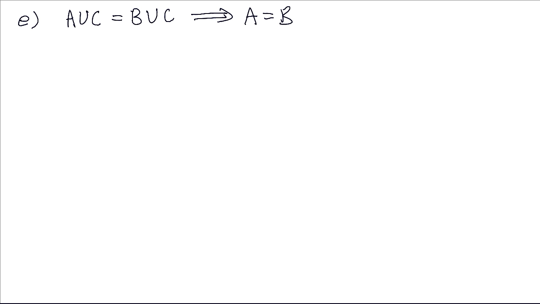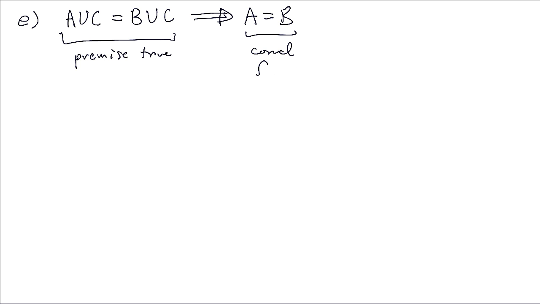That statement says A union C equaling B union C implies that A is equal to B. We want to prove it false, so we want to find a drawing that makes the premise true, whereas the conclusion is false. I think that's going to be easy enough.